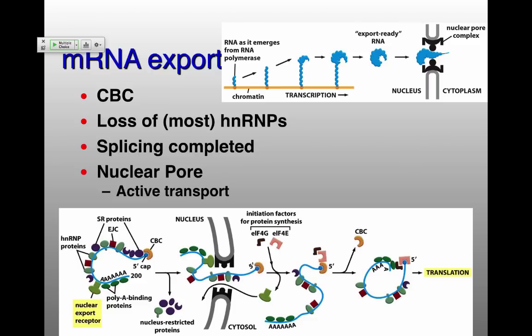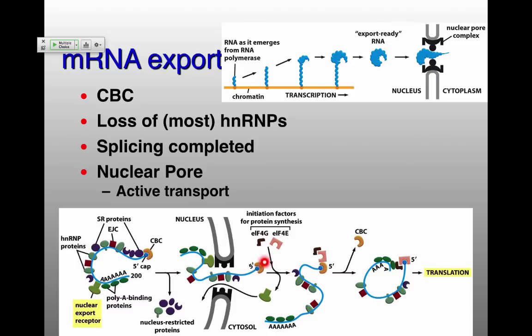No. So another quality control is saying, hey, have we completed our splicing? Two ways to figure that out. One is the presence of EJC, and then the lack of a lot of these heterogeneous nuclear RNPs. It's not all of them, it's just most of those heterogeneous nuclear RNPs. So now you have cap binding complex, SR proteins, EJC. Most of the HNRNP proteins are gone.